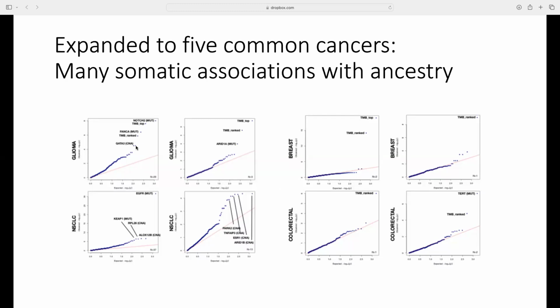Each of these points that has a little label next to it is an FDR, false discovery rate, significant association between a somatic driver and ancestry proportions. We see in pretty much every cancer type, there are some somatic drivers with differences as a function of ancestry. So this phenomenon where you have molecular differences in tumors in different populations seems to be quite widespread.